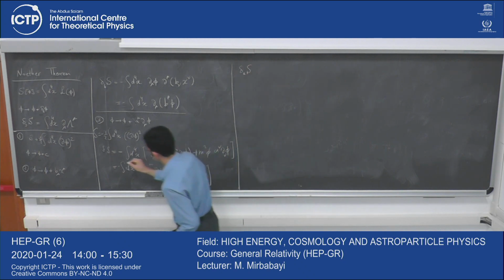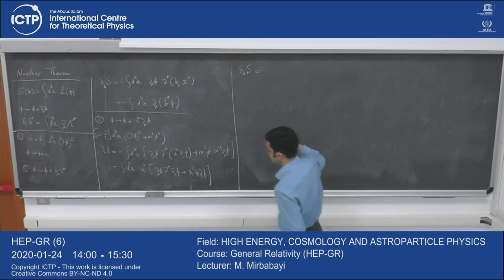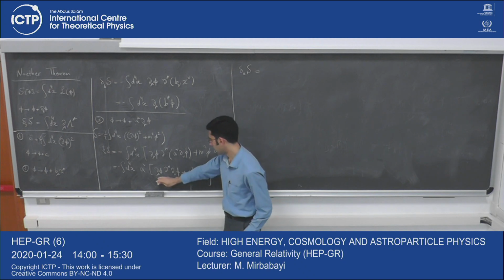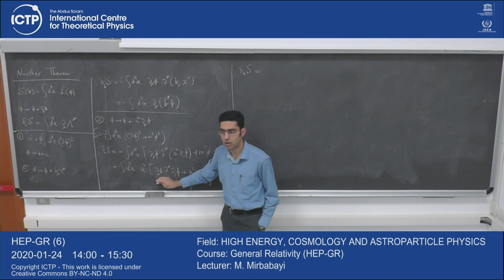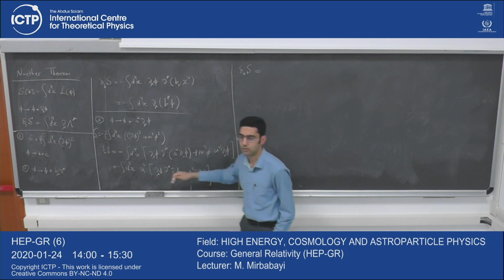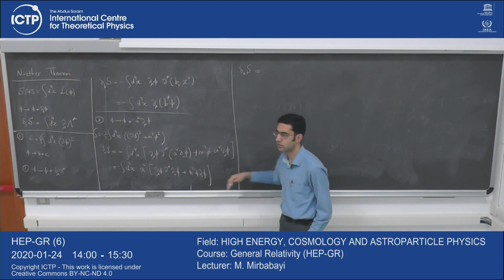So delta_a of S is equal to, okay, so now this object I can write as 1/2 d_nu of (d phi)^2, and this I can write as 1/2 d_nu of phi squared.